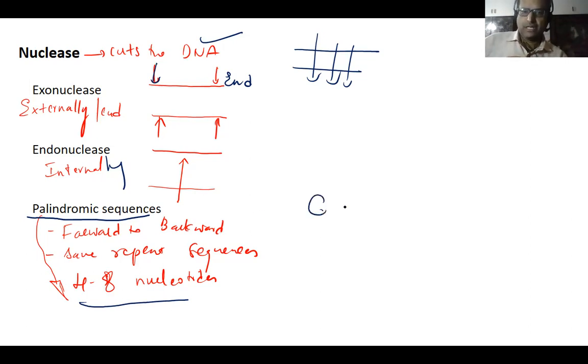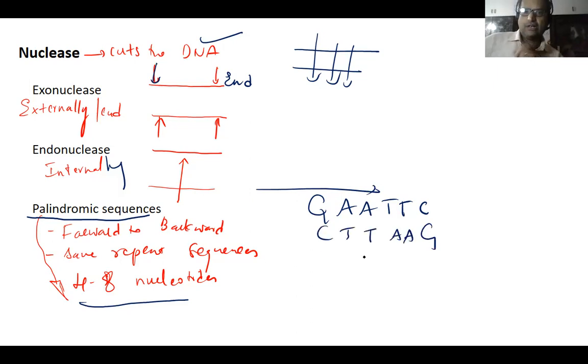For example, when we read forward, GAATTC, I have read in the forward direction. In the same way, reading backward, again I get the same thing, GAATTC.